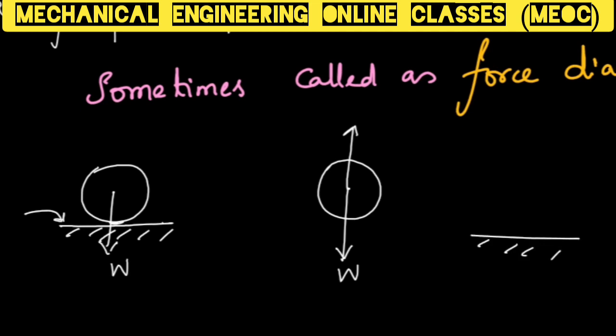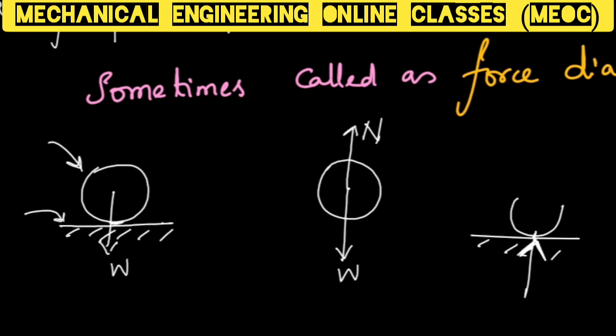The surface was like this, the point of contact is somewhere here. So at this point of contact there will be a normal reaction from the surface. That normal reaction is shown here. So this is an FBD of the object on a horizontal plane.